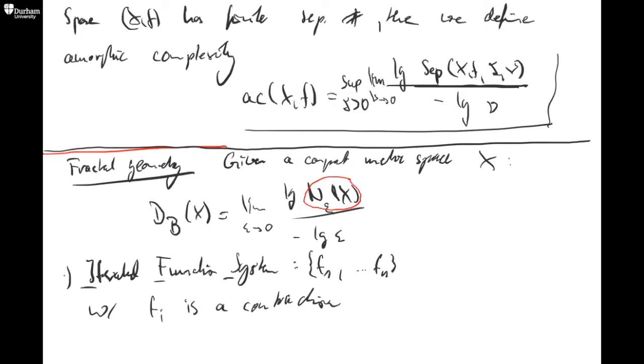Now contractions have fixed points clearly on a complete metric space. And similarly, the following map has a fixed point.